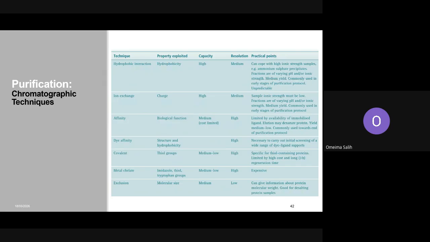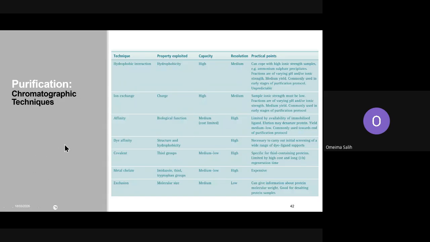But HPLC is very efficient, and it's more advanced because it has a database already stored. All these standard samples are already stored in the database, so it can tell you, according to the sample you're targeting, if it is protein, if it is carbohydrate, and so on.